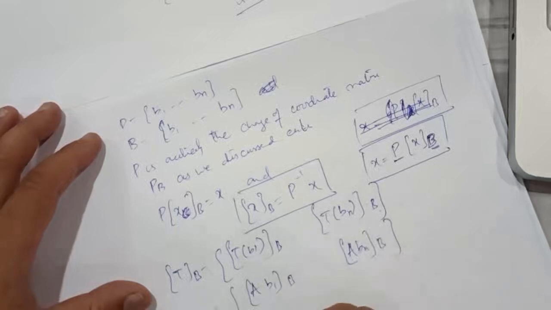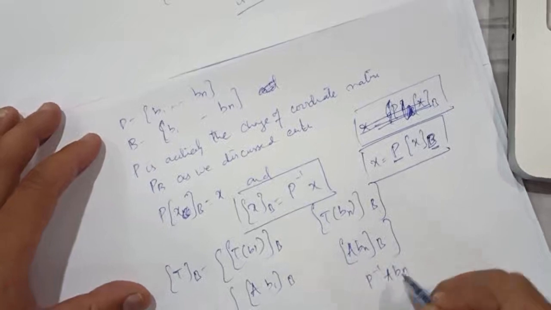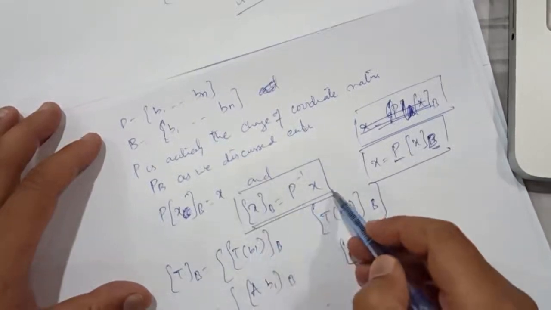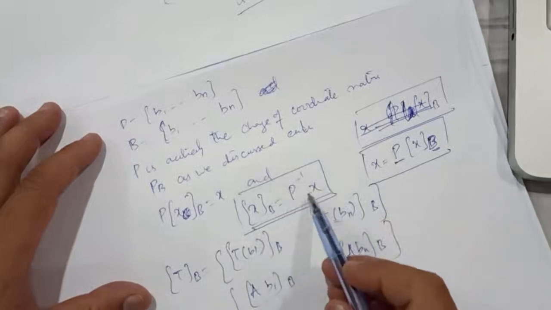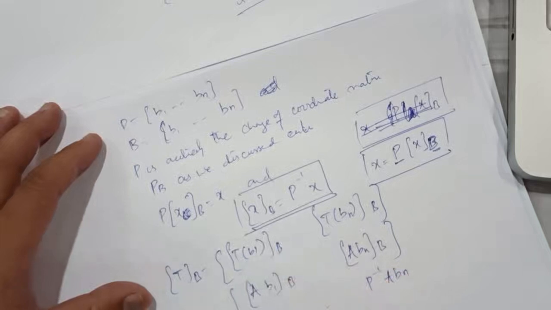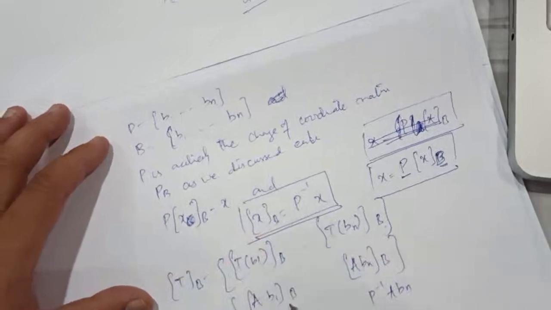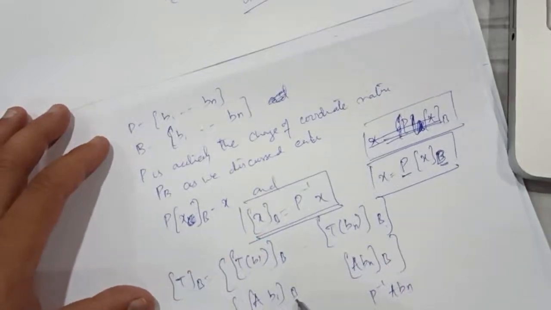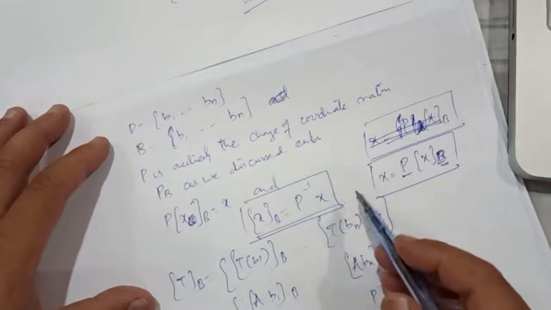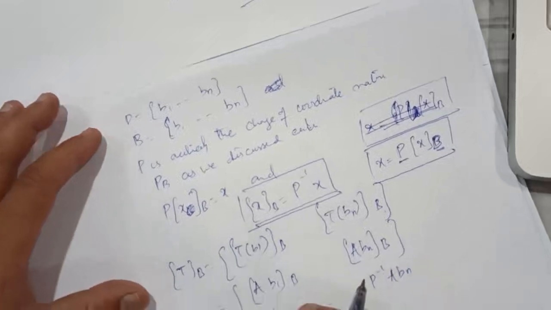What you get here is P inverse A times B1 and P inverse A times Bn. So I have simply applied this identity and multiplied by P inverse. When I apply P inverse here, this point gets converted, and you can remove the basis and reveal the column in standard basis. Okay.